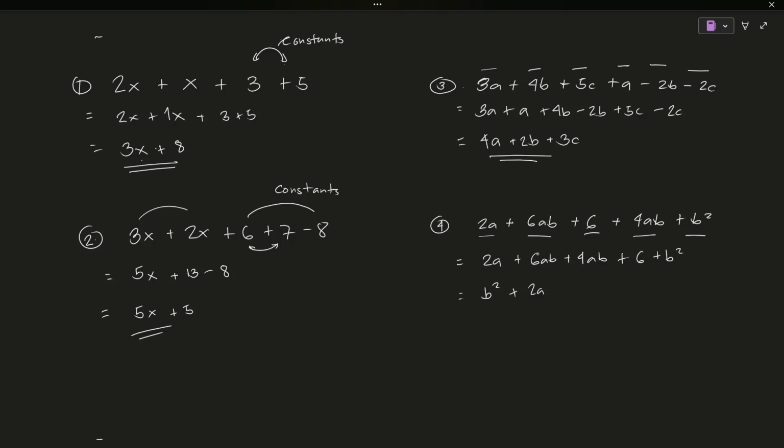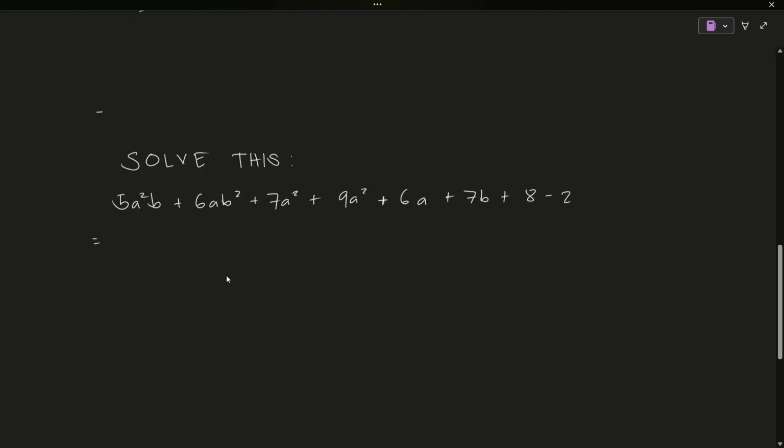Since both of them are positive, we add their values. So 6 plus 4 is 10. Then their terms, which is ab. Then for 6, since there's only one constant, let's just copy this one. So let's check if we can still find like terms so that we can combine them. Since there's none, this is the final answer.